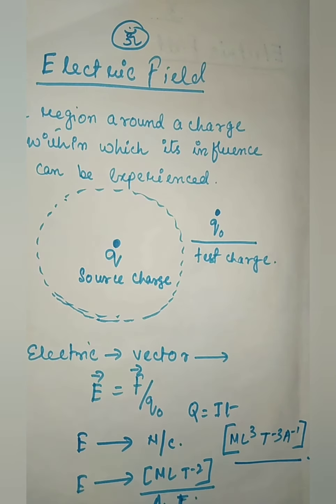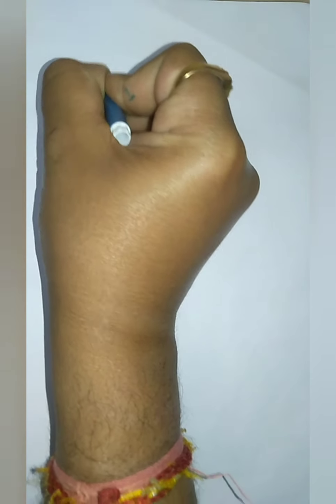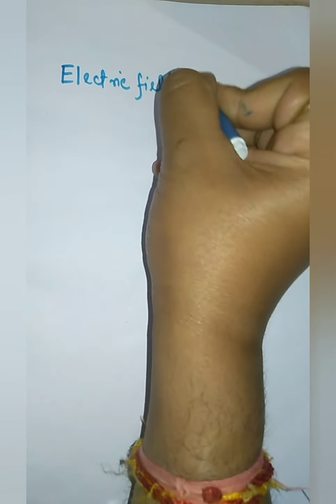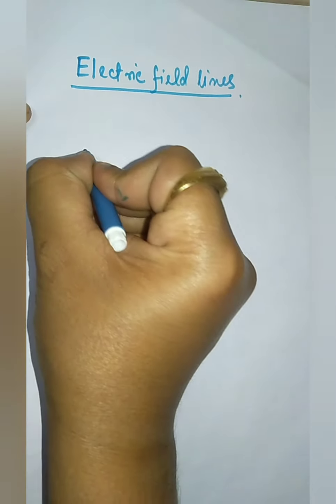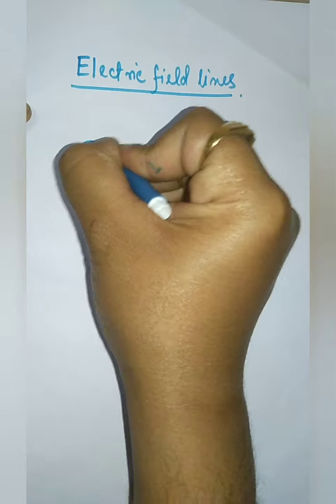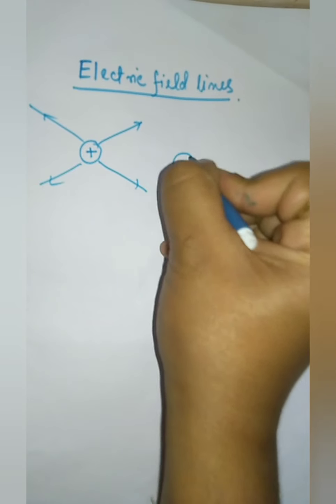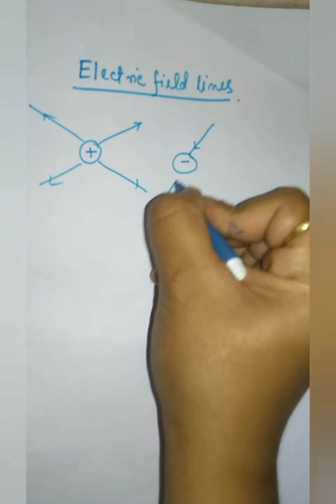Okay, now to represent the direction and magnitude of electric field, we use certain imaginary lines. These imaginary lines are called electric field lines. Okay, now remember one thing, electric field lines always start from positive and they end towards negative.